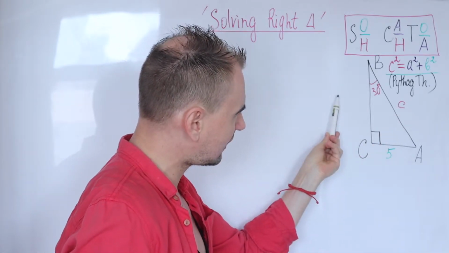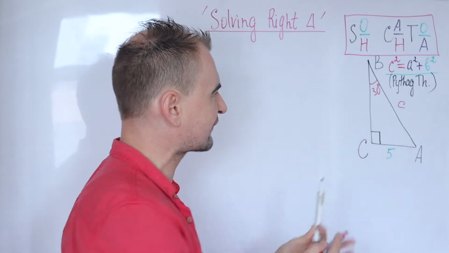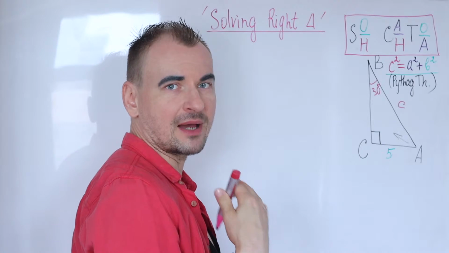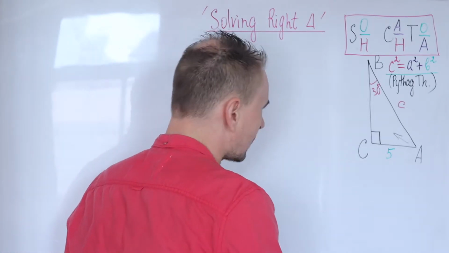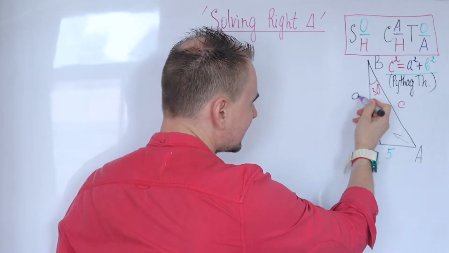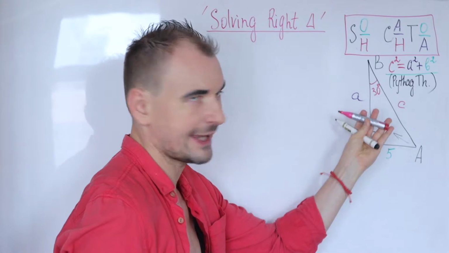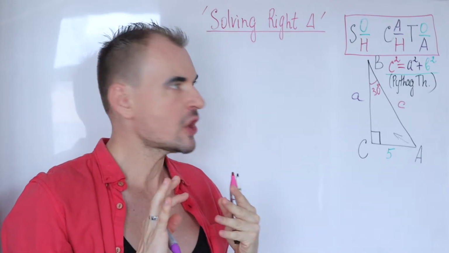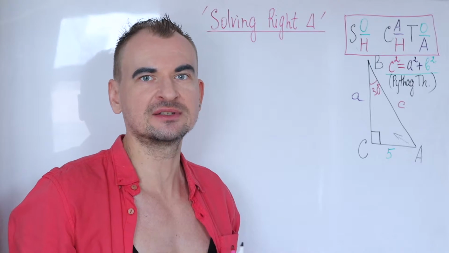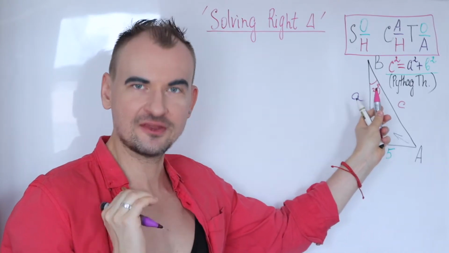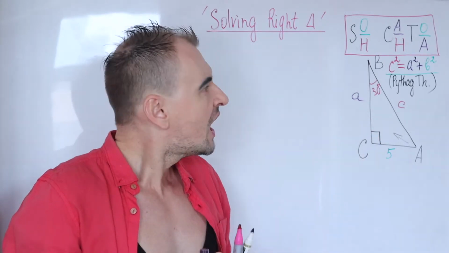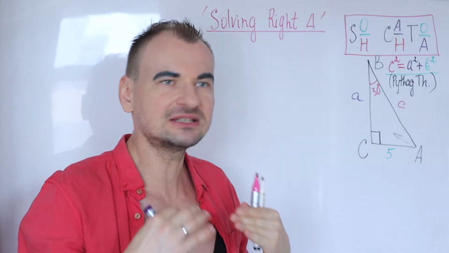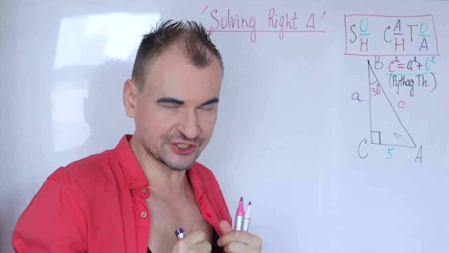And the last side, which is directly across from the angle A, is usually denoted by lowercase a, because this is your side which is directly across from A. Another important thing to do is name the sides of your triangle in relation to that angle of 30 degrees that you are given. Let's call it theta.